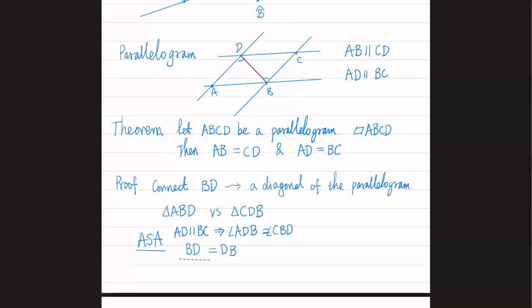Let me try to move it over there. Okay, somewhere else. Let's find the second pair of angles that have the same measure so that we can apply the ASA theorem. Okay, who wants to try?